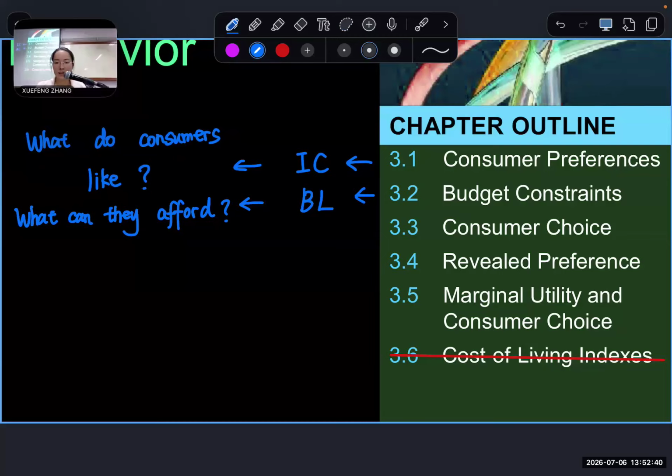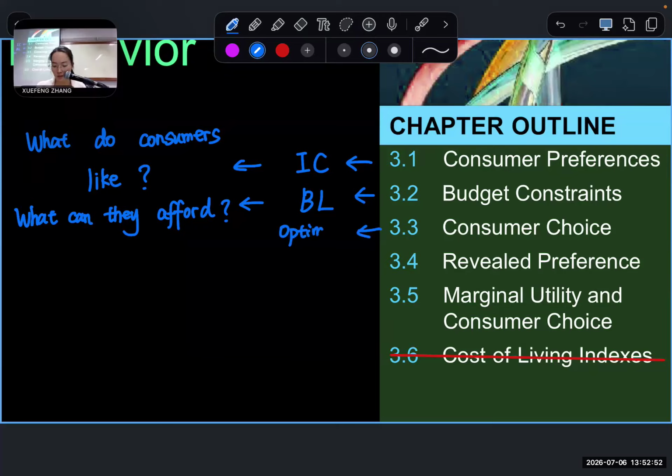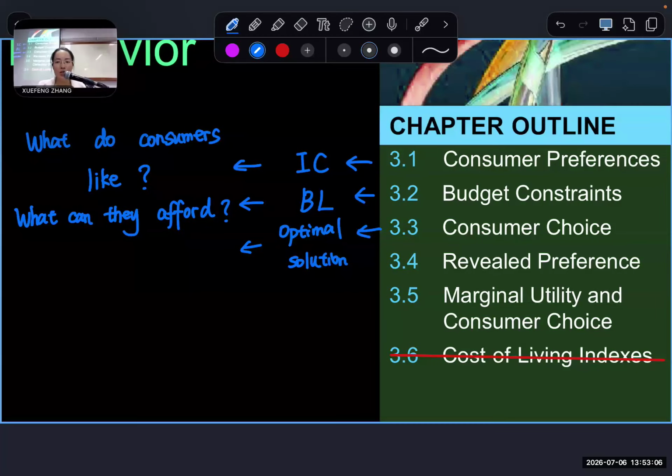And then consumer choice means the optimal point, or optimal solution. This is the question: what do they actually choose?